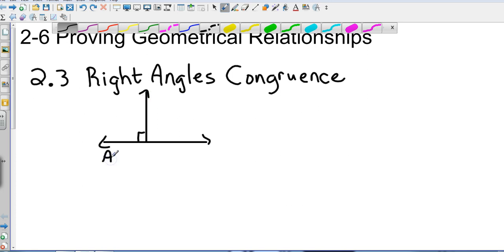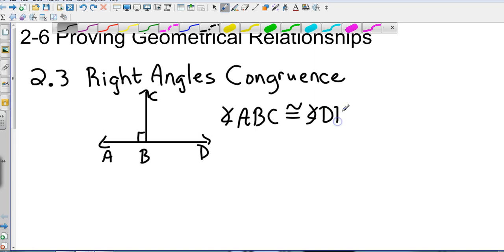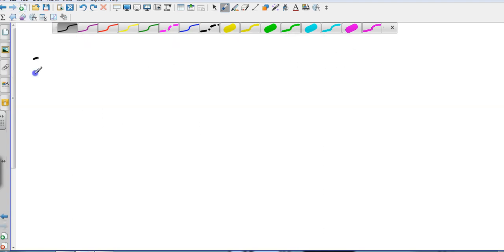And this is A, B, C, and D. Then the right angles congruence theorem would say that angle ABC is congruent to angle DBC. Again, a lot of this is using the logic that we already know. It's just we will have to identify it in proofs and different statements and reasons. So 2.3, the right angles congruence theorem.